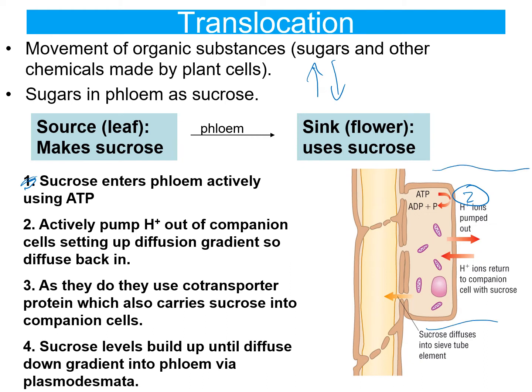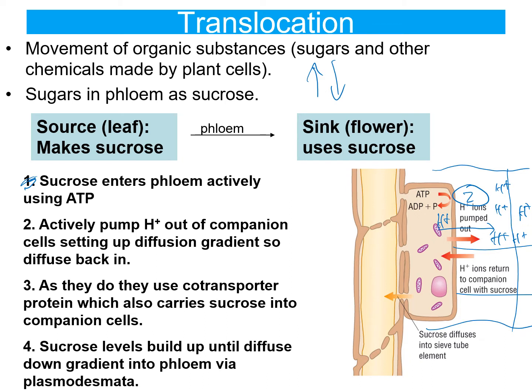Imagine this is your leaf and there are lots of cells here, and hydrogen ions are pumped out of this cell, so we end up with lots and lots of hydrogen ions in these cells here. So we have a concentration gradient, and these hydrogen ions want to diffuse back into the companion cell.